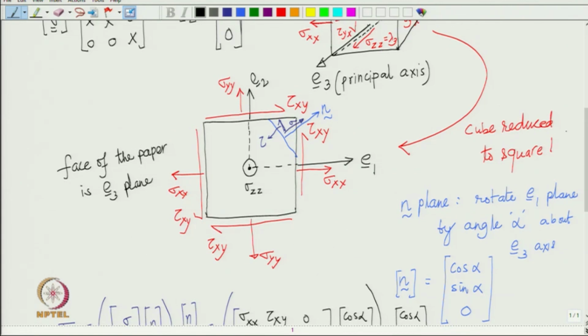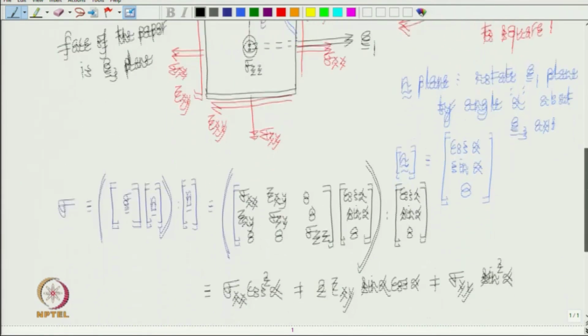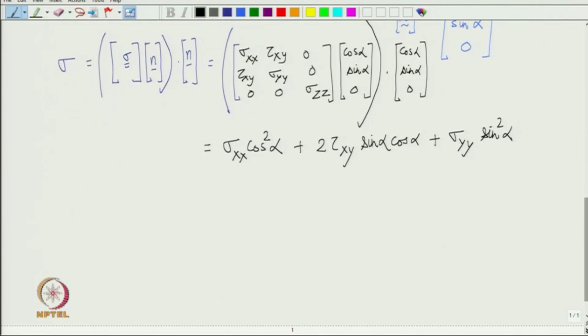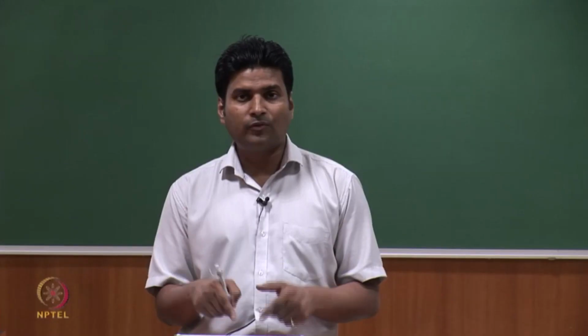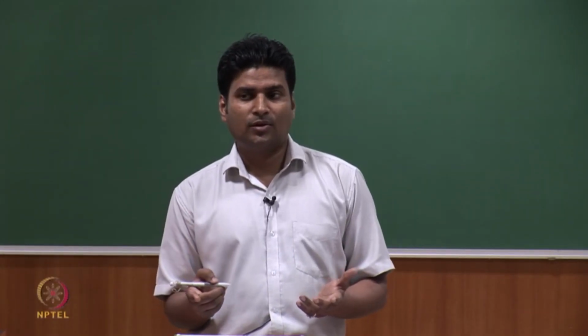So, that is the n perpendicular we have chosen, the direction for tau. So, n perpendicular has to be perpendicular to the n vector. So, what does that become? The E1 component is negative. So, it becomes minus sin alpha and E2 component is positive, this becomes cos alpha and the third one is 0. And you can check if you use this n perpendicular, then n perpendicular dot with n becomes 0. All right.